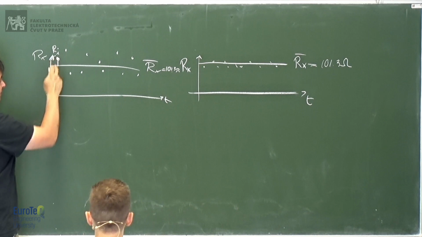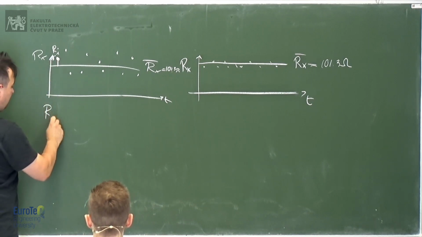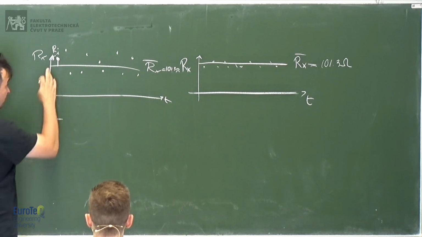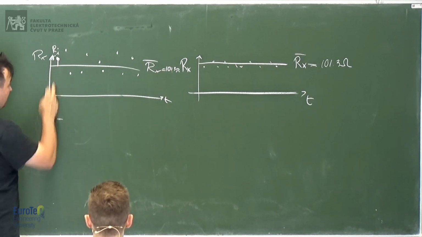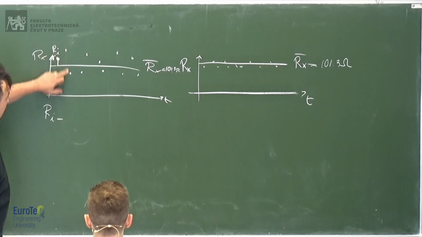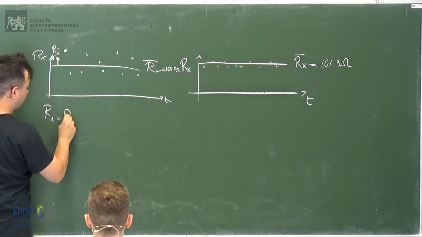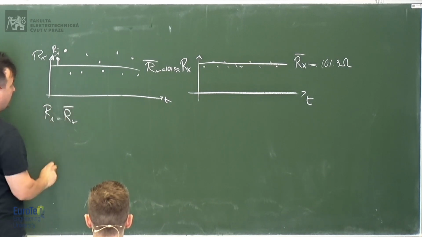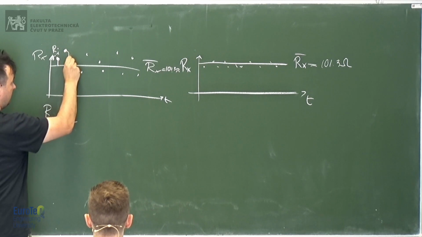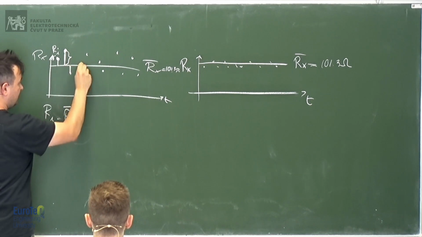Let's see. Each sample is Ri. The deviation, standard deviation: you take the difference of each point to the average. This difference is Ri minus R average. For each point, you take the difference.